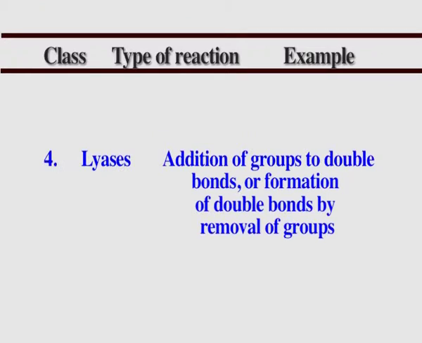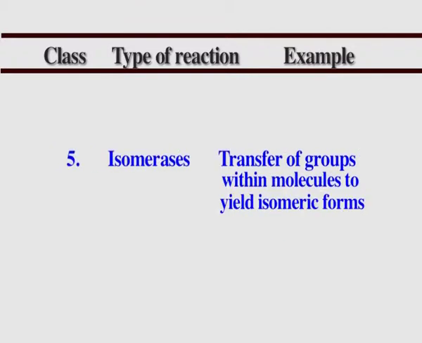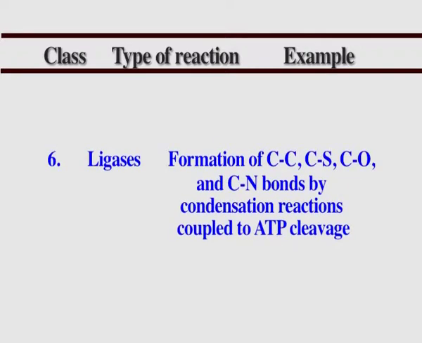Lyases add or remove groups to form double bonds. Isomerases catalyze intramolecular group transfer, while ligases catalyze ligation, or formation of 2 substances at the expense of hydrolysis of ATP, which means joining of 2 substances.